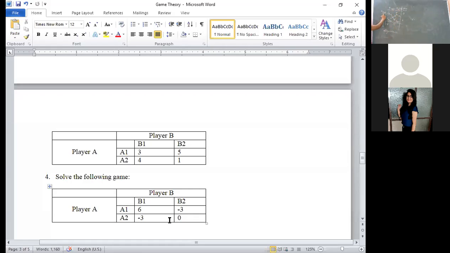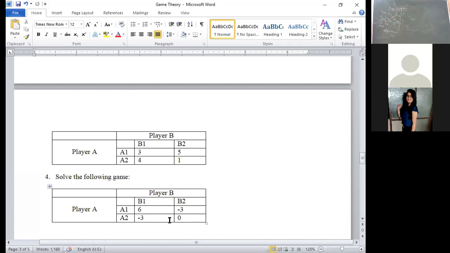Probability that player A uses strategy A1. 1 minus P means the probability that player A uses strategy A2. Similarly, Q is the probability that player B uses strategy B1. 1 minus Q is the probability that player B uses strategy B2.